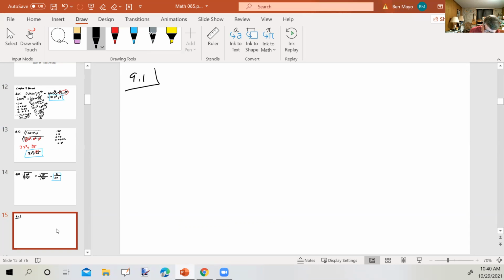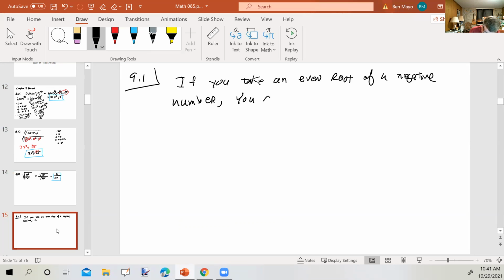And that is, if you take an even root of a negative number, you don't get a real answer. Now, there are imaginary numbers. We're not going to go there. You don't need to cover that in this course, but basically that's what you end up getting, but you can't. So if you take an even root of a negative number, you don't get a real answer.